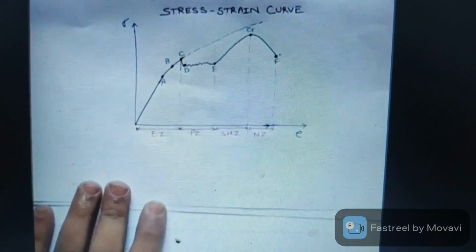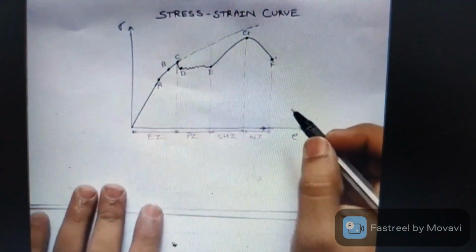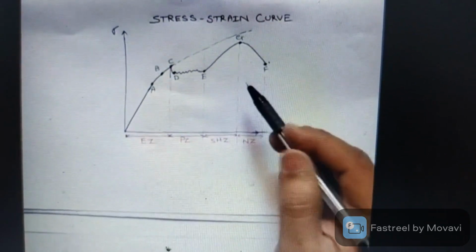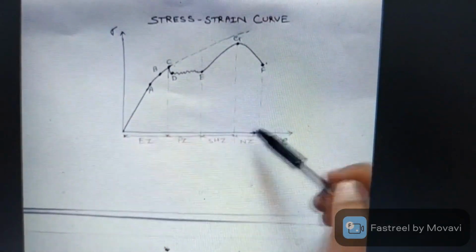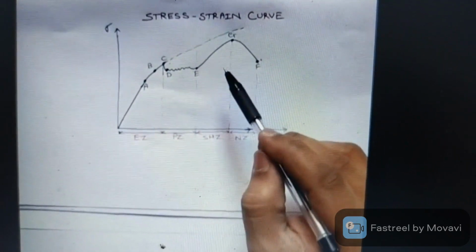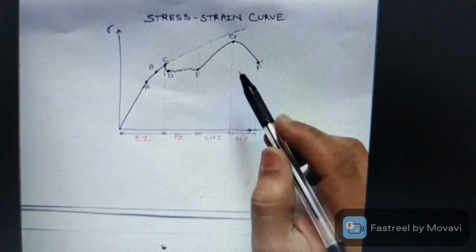Next is the most important part, that is the stress strain curve. So here we have drawn the stress strain curve for mild steel, or we can say a low carbon steel.